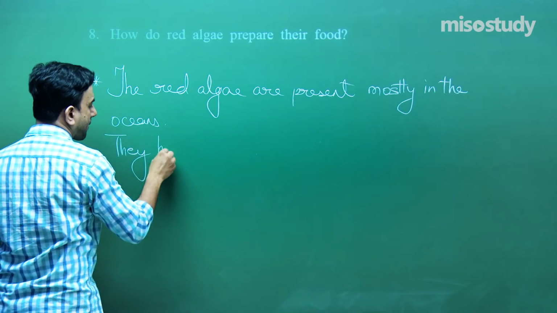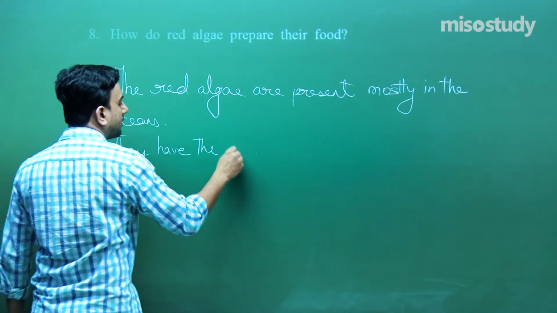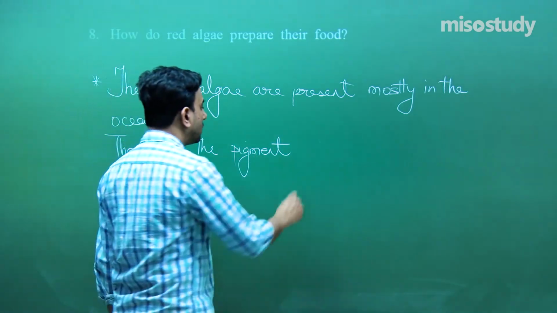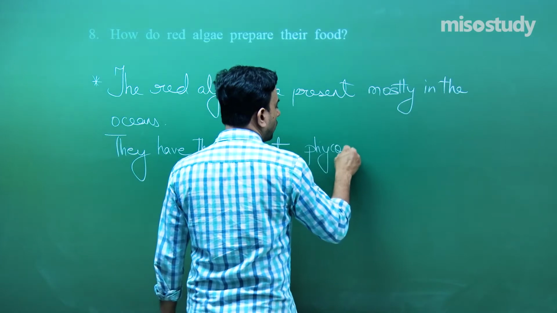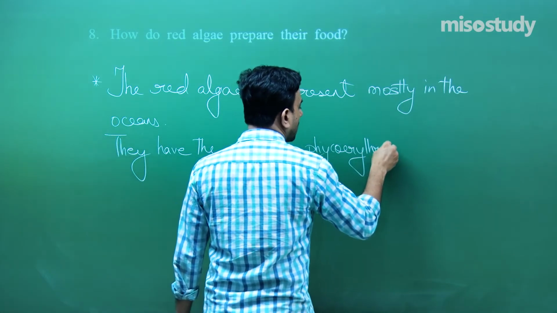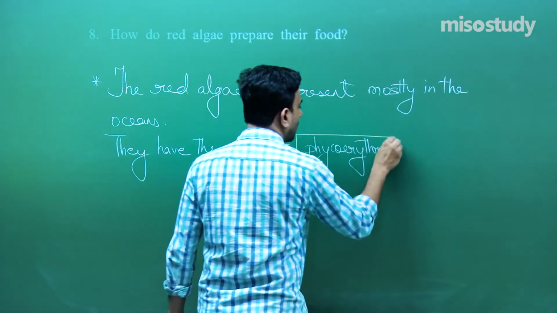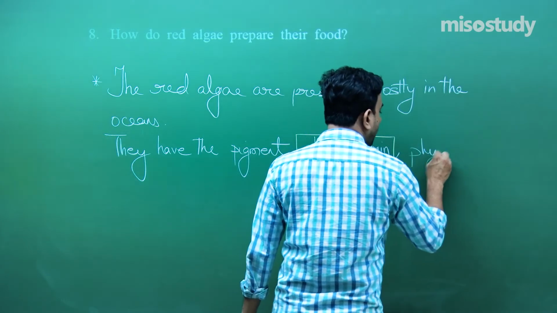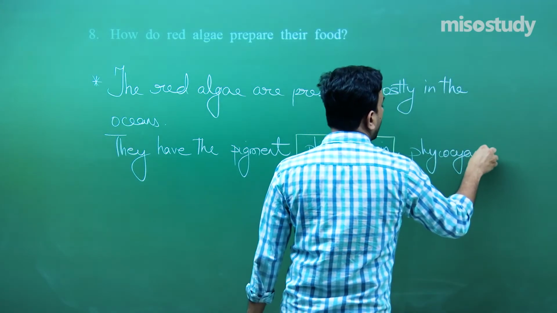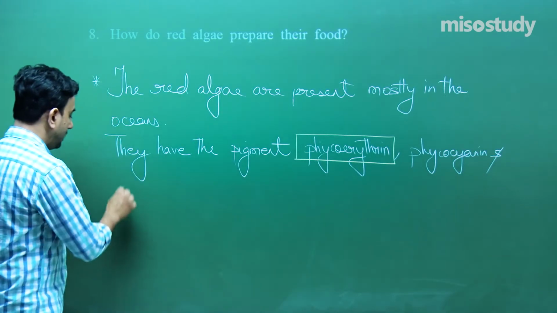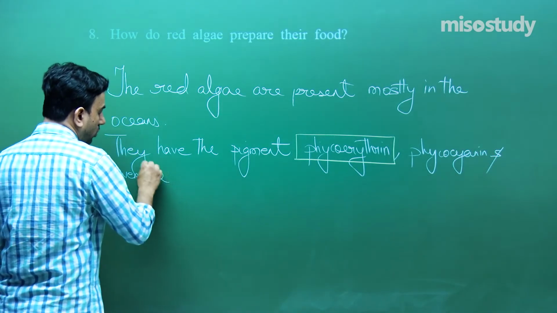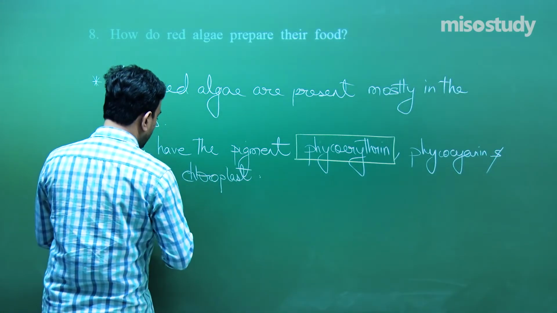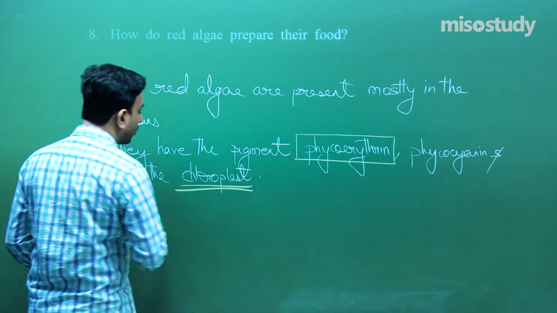They have the pigments phycoerythrin, phycocyanin, and even chloroplast.